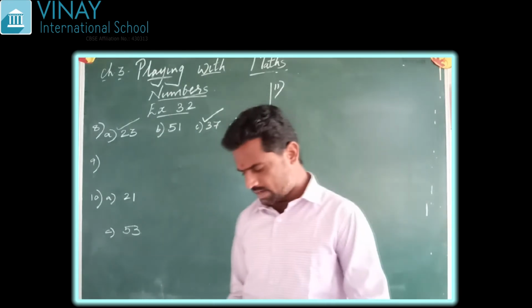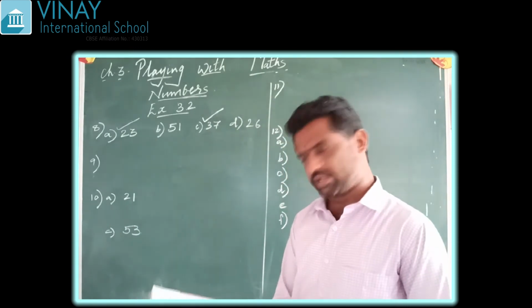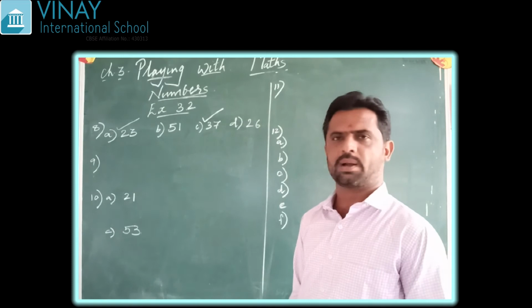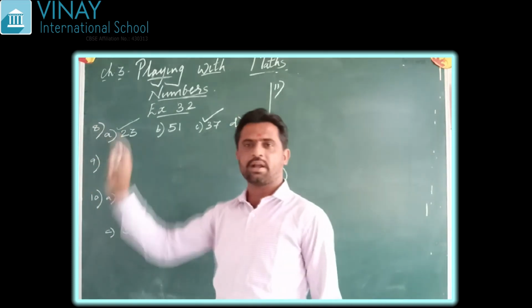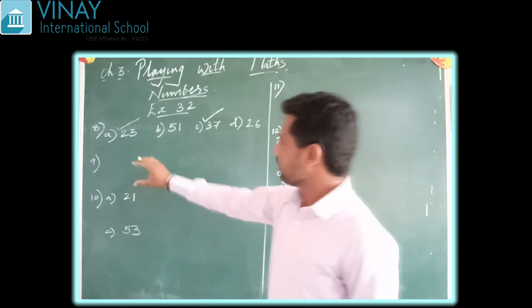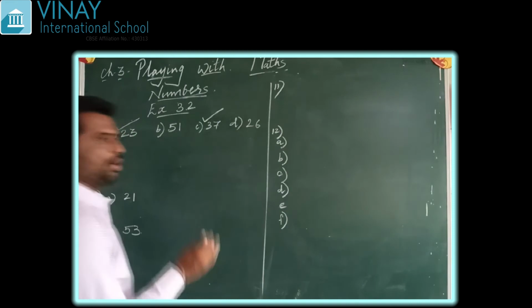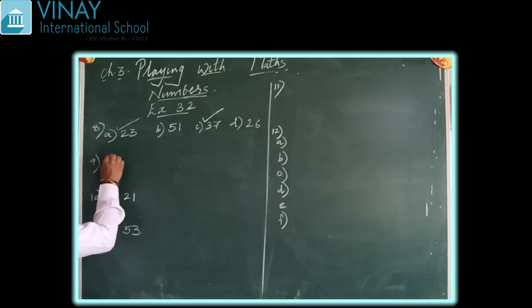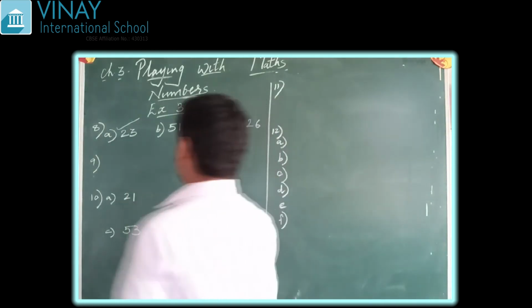Now question number 9 is: write 7 consecutive composite numbers less than 100 so that there is no prime number between them. We have to find 7 continuous composite numbers so that there is no prime number between them.